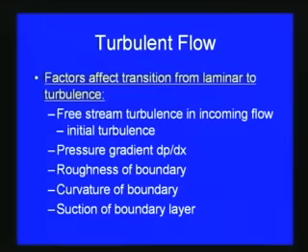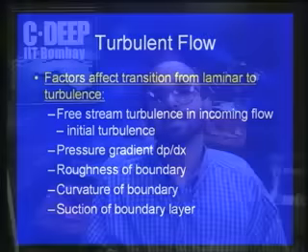So, the third reason which I have listed here is the roughness of the boundary, and the fourth reason can be the curvature of the boundary. If the flow is taking place in a smooth, normal horizontal direction, and then a sudden curvature is there, due to the change in various flow parameters the laminar flow can become turbulent.